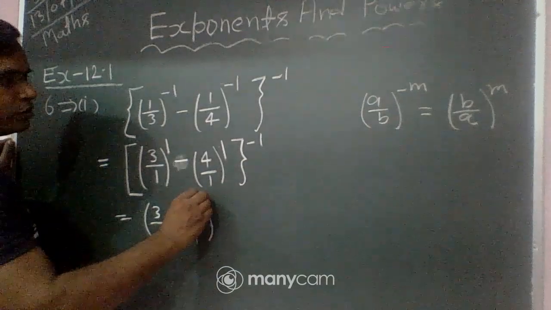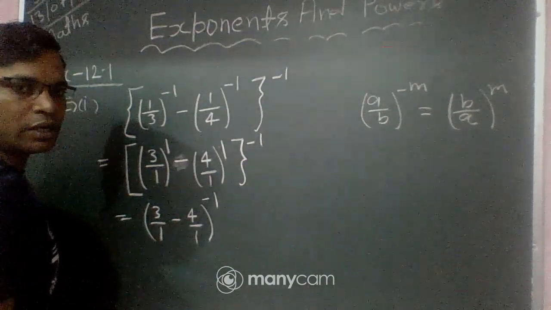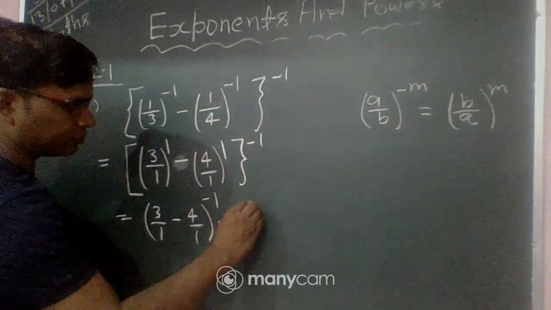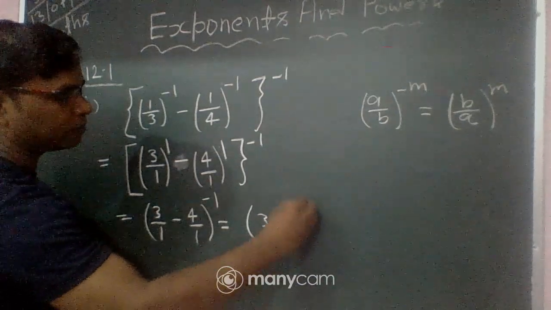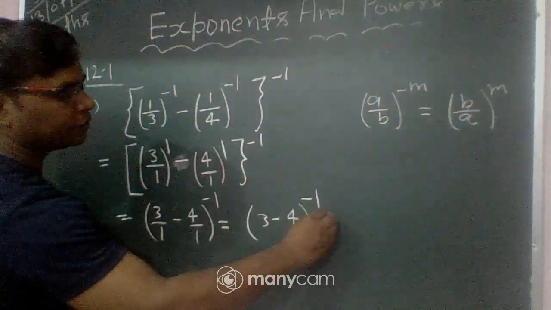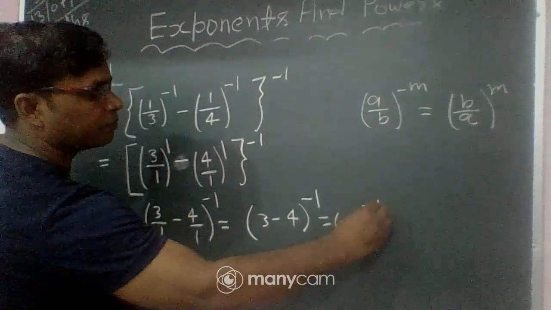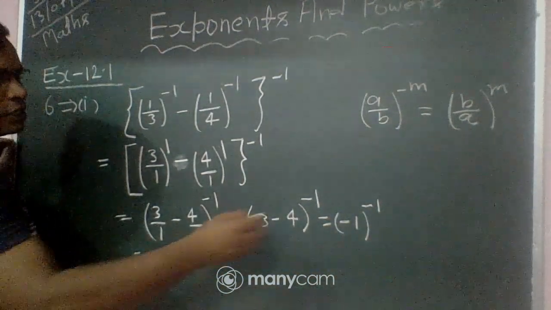So this is equal to, you can write, 3 minus 4, or minus 1. This is equal to (minus 1) power minus 1.